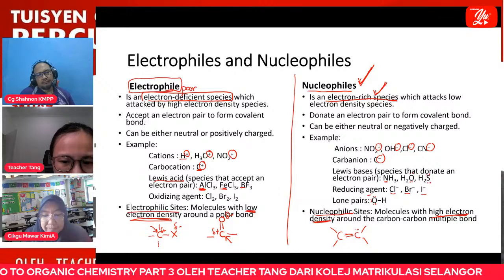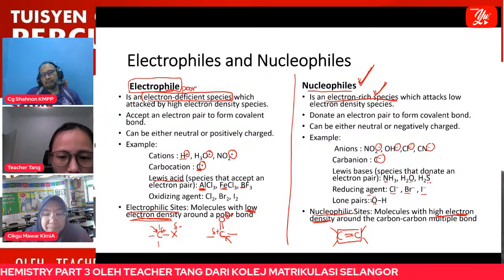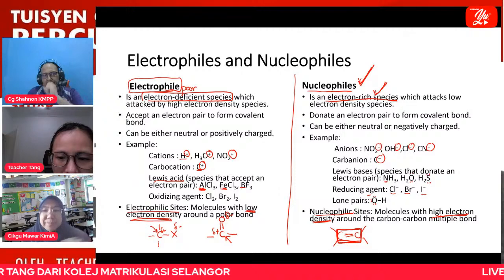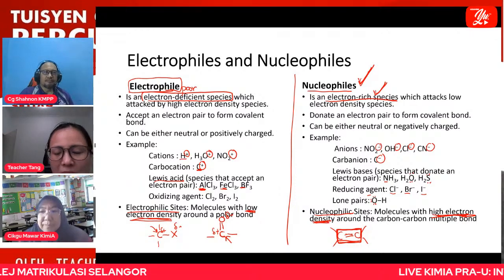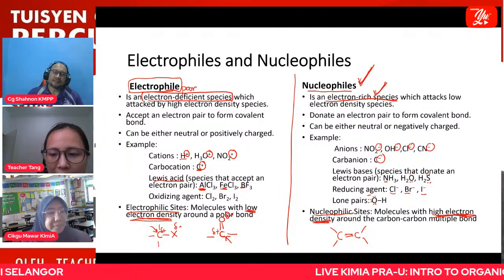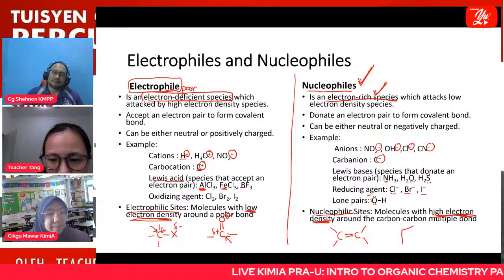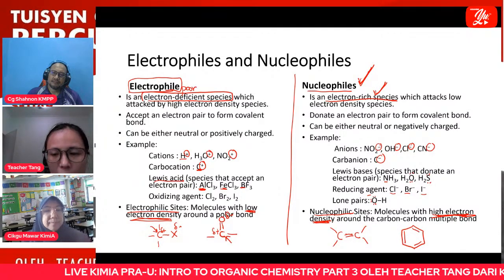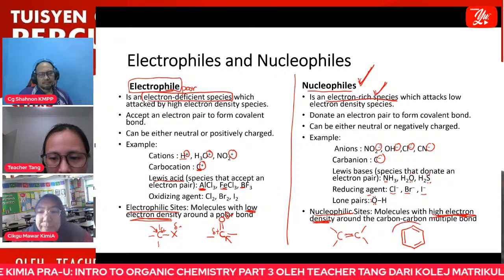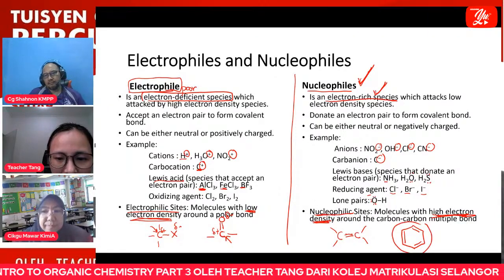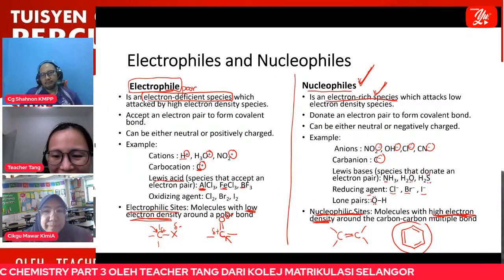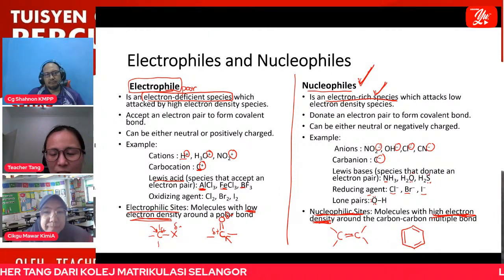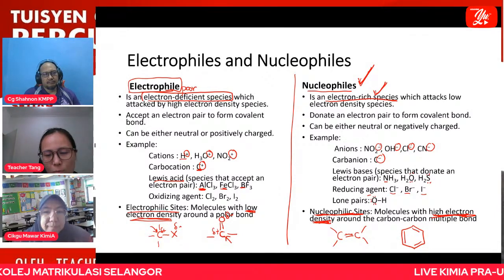Having the pi electrons gives this site a high density of electrons. Besides that, the benzene ring is also a nucleophilic site, having high electron density because of a lot of pi electrons.